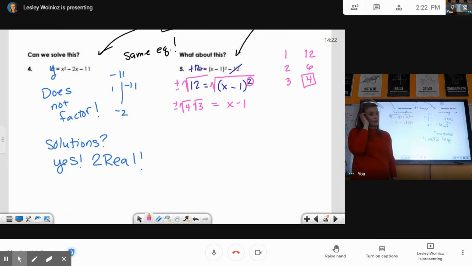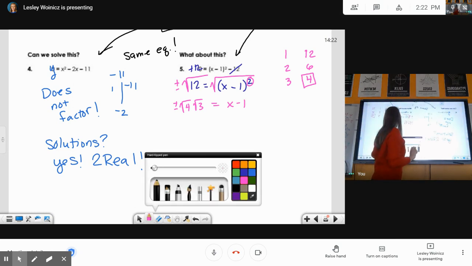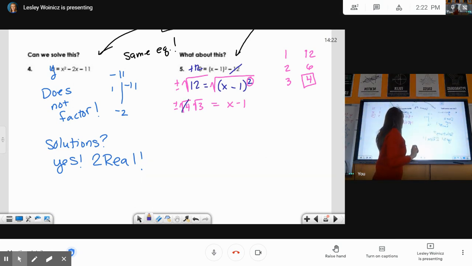I set the x minus 1 free. It's out of the parentheses, it's out of the radical, it's not squared anymore, it's liberated. Now I know that the square root of 4 is 2. So this turns into plus or minus 2 square root of 3 equals x minus 1.